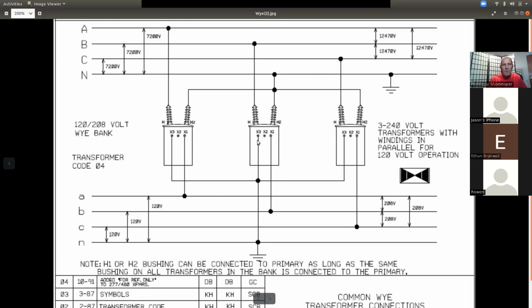Same bushing on every transformer. X1 goes to A, the first transformer. X1 goes to A, second transformer. X1 goes to B, third transformer. X2 goes to C. Take a look at your voltages right here: 120, 120, 120. That's because I converted them all to 120, right?